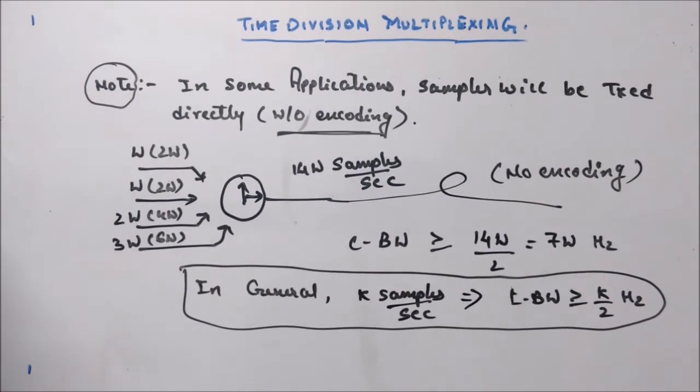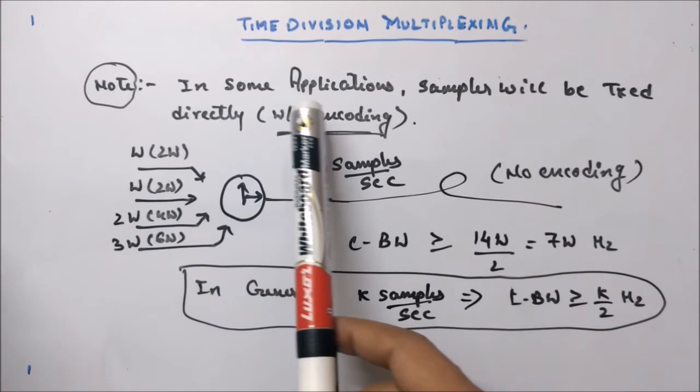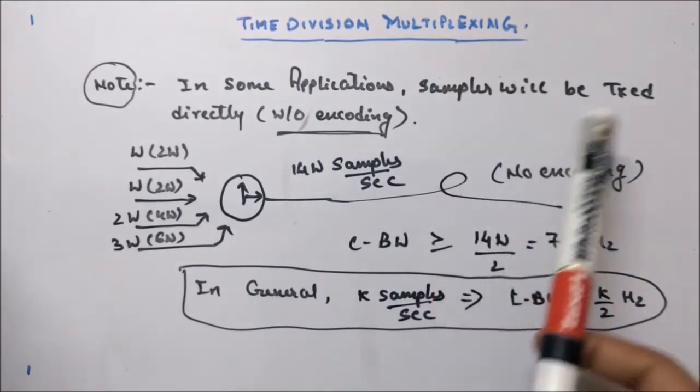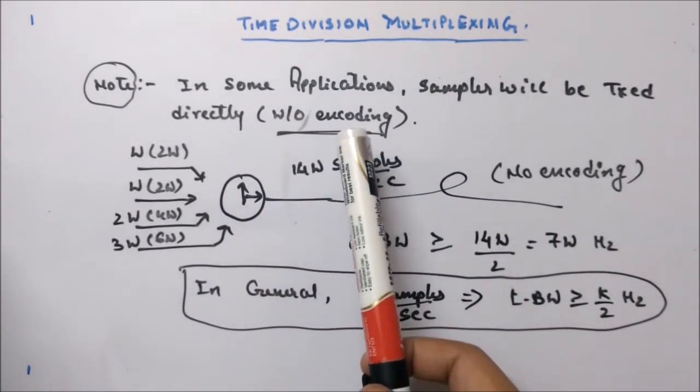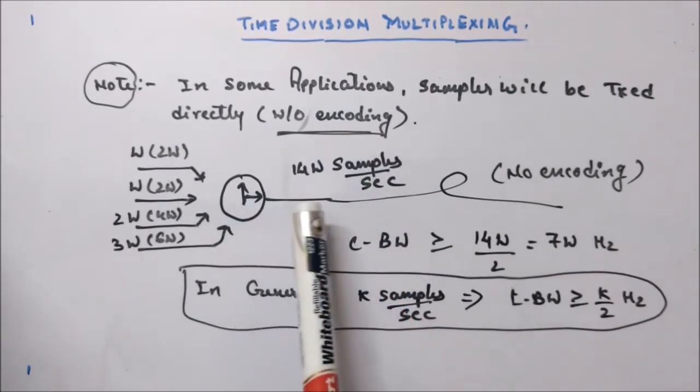Now there is one note point I want to mention here. Sometimes, for some applications, you directly transmit the output of the sampler without encoding. In these kinds of cases you have a scenario like this.